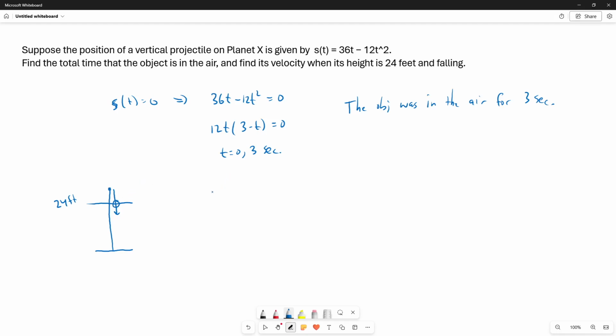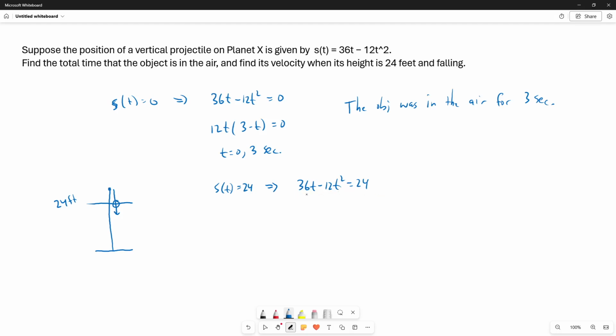So when was the object 24 feet in the air? If it was ever 24 feet in the air, there might be two different times. So we'll take S of t and set it equal to 24 and solve for the time. That gives us 36t minus 12t squared is equal to 24.